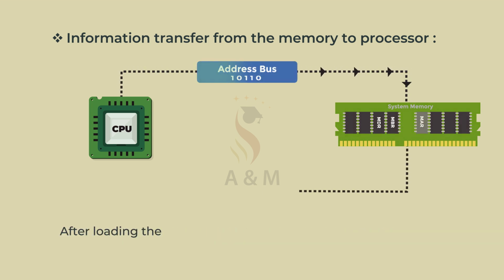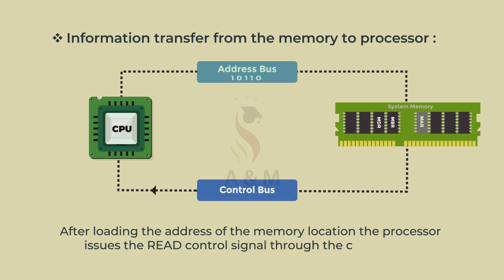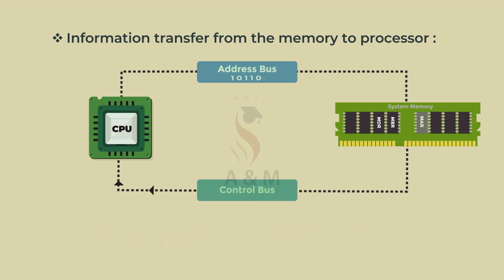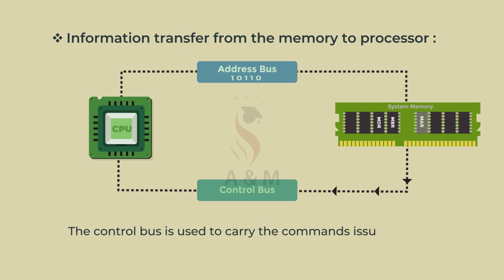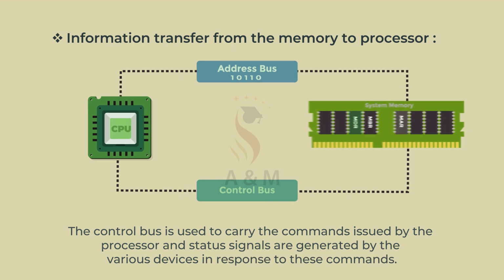After loading the address of the memory location, the processor issues a read control signal through the control bus. The control bus is used to carry the commands issued by the processor, and status signals generated by the various devices in response to these commands.